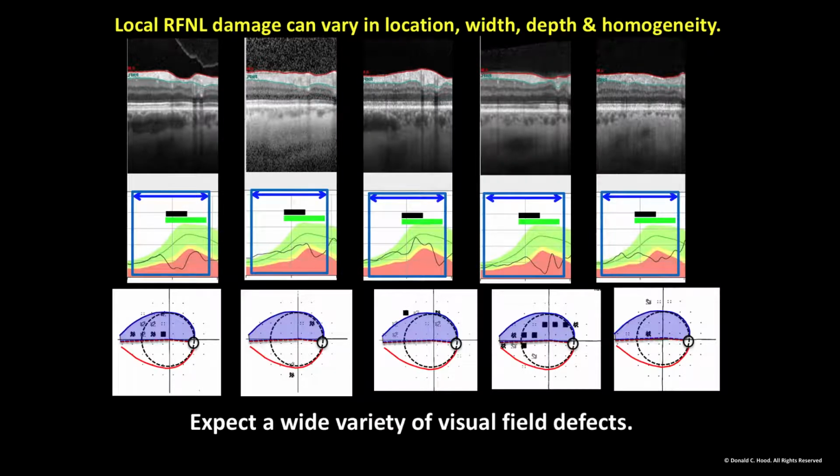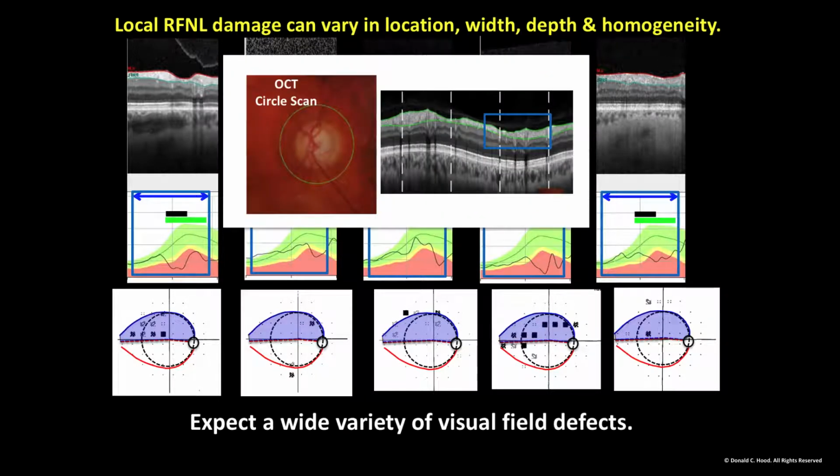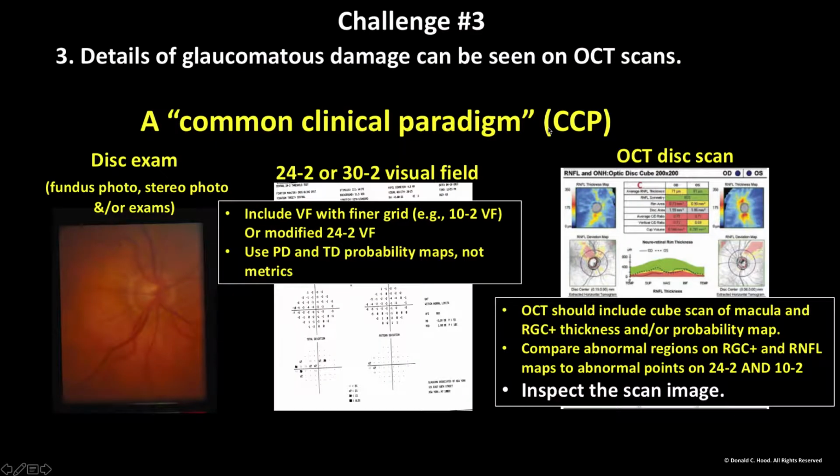There's our model, and you can see the points falling within the model and the various variations in the visual field defects. Again, we're talking about damage in probably just this region right about here. Relatively small region.